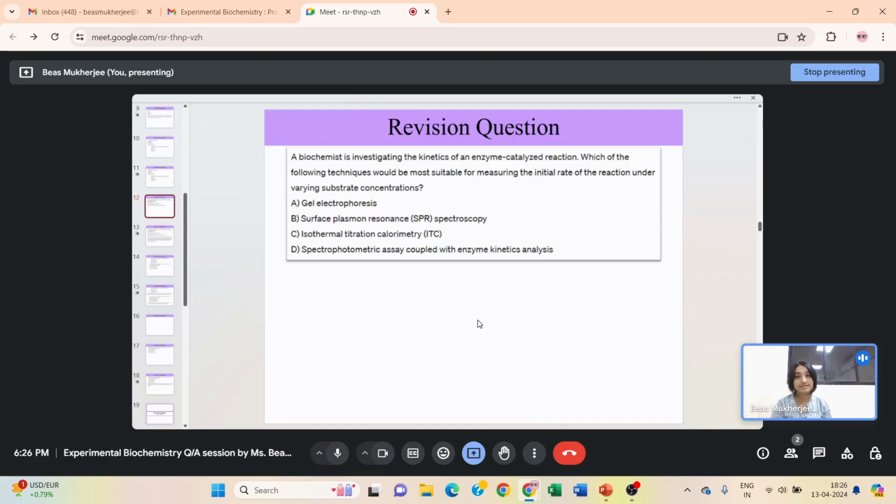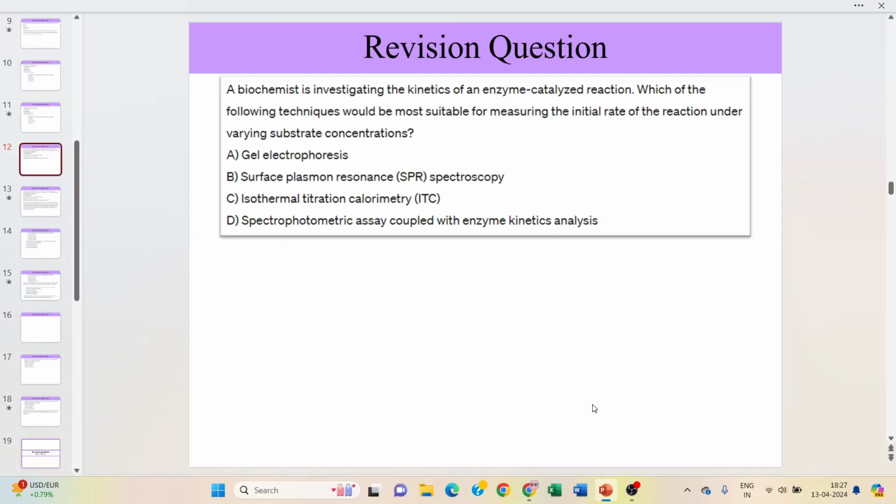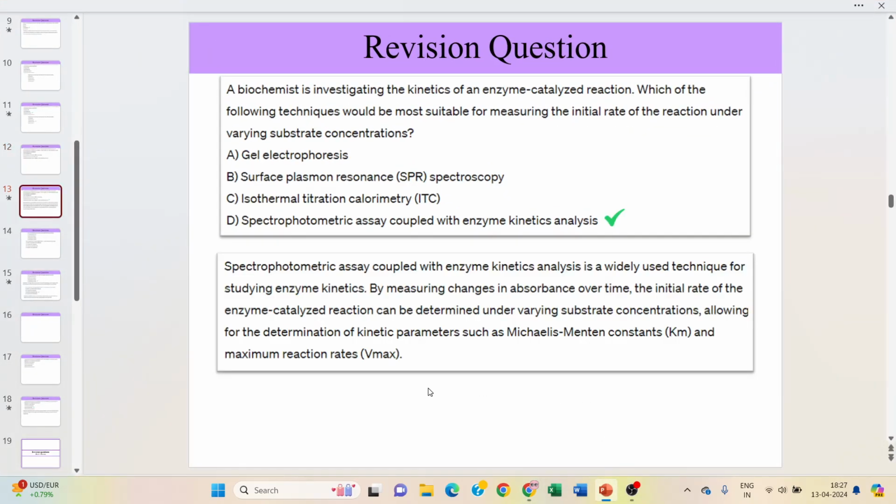So which of these do you think is correct? A is gel electrophoresis, B is surface plasmon resonance, C is ITC, and D is spectrophotometric assay coupled with enzyme kinetics analysis. So the right answer is the last one, that is D, spectrophotometric analysis coupled with enzyme kinetics.